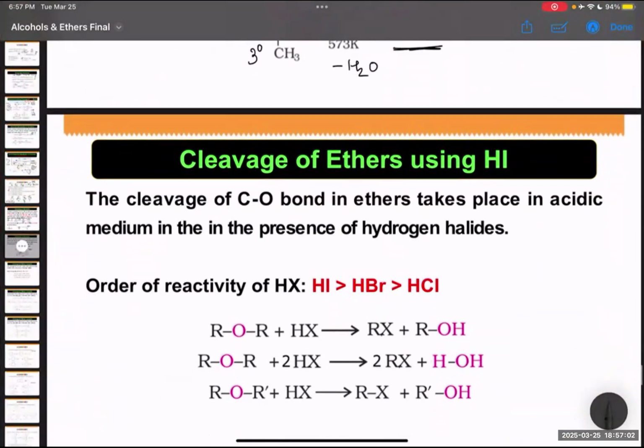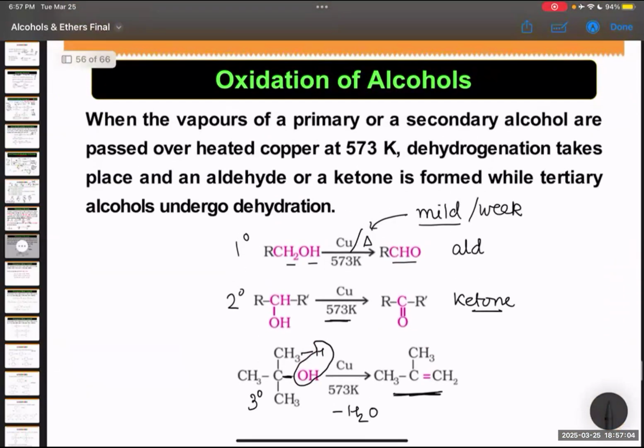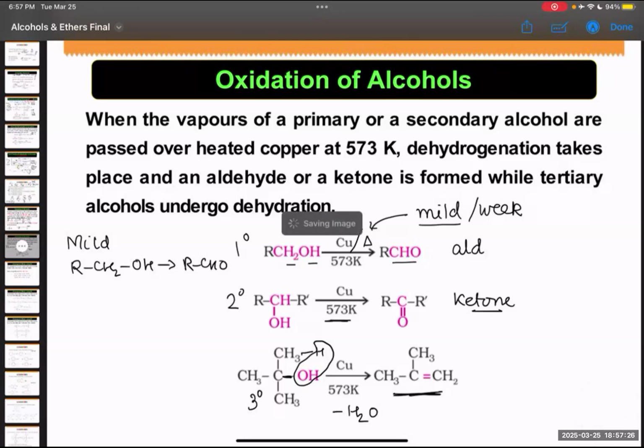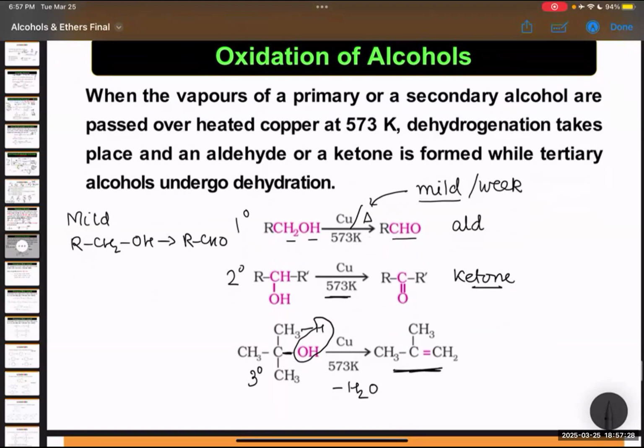Very simple. Okay. What are the mild oxidizing agents and strong oxidizing agents? I will write it once more for your ease. Mild and strong only affect primary alcohol. Mild means RCH2OH to RCHO. And mild is basically PCC, pyridinium chlorochromate in CH2Cl2.